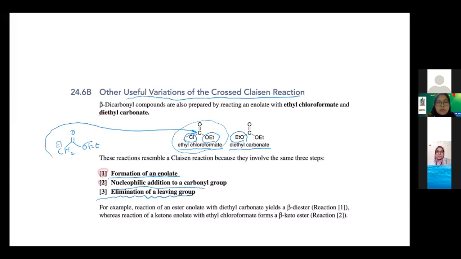Before that we were just talking about ethoxide, but in this case the chloride is better and more useful than ethoxide because the electron density is stronger than in ethoxide. So the chloride is the good leaving group.